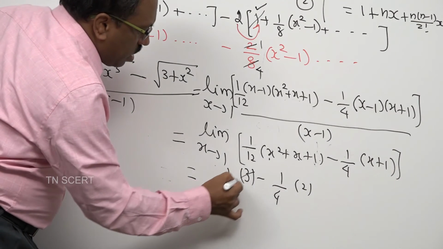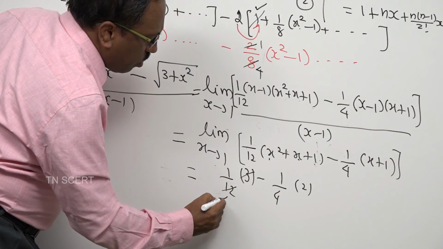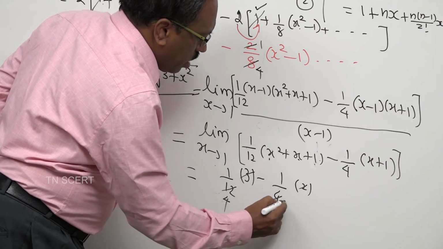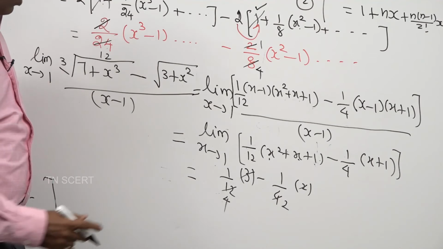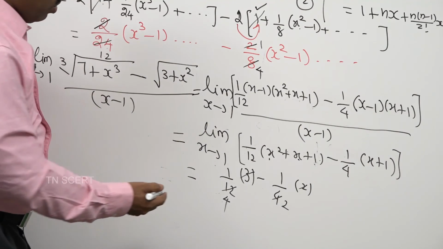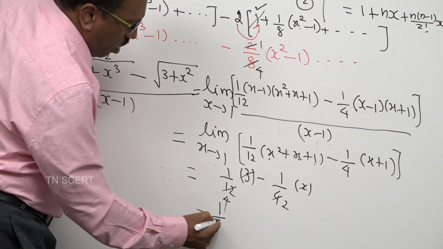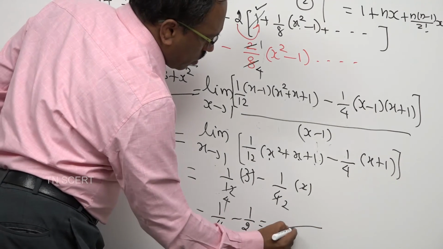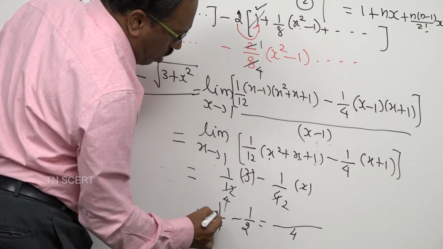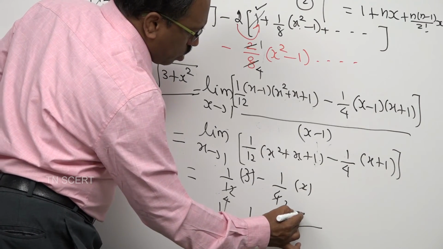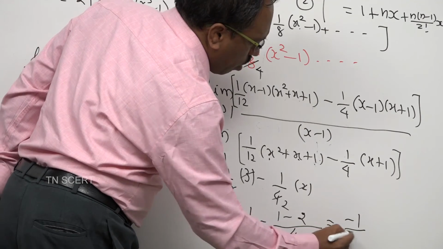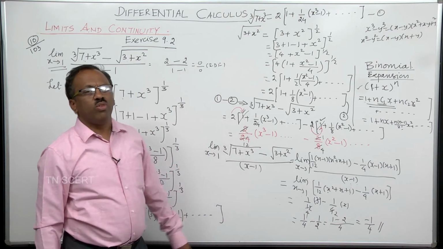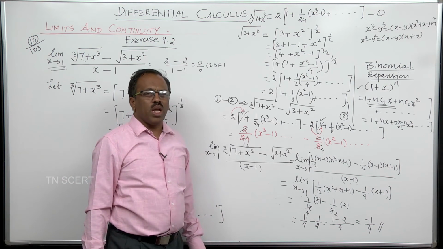So that means this 3 and this getting cancelled, it is 4, and this 2 getting cancelled, it is 2. So 1 by 4 minus 1 by 2. Finally we got 1 by 4 minus 1 by 2, that is 4. Here what? 1 minus 2, which is negative 1 by 4. We found the solution of this problem as minus 1 by 4.